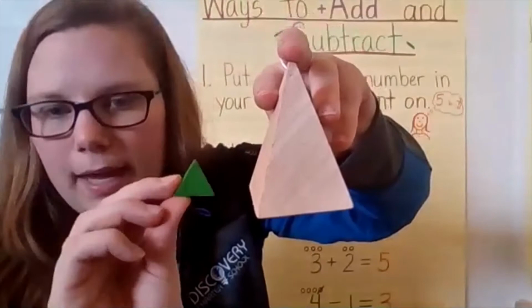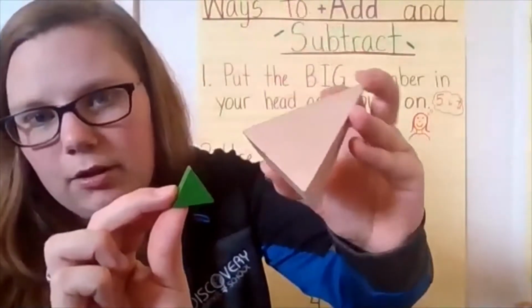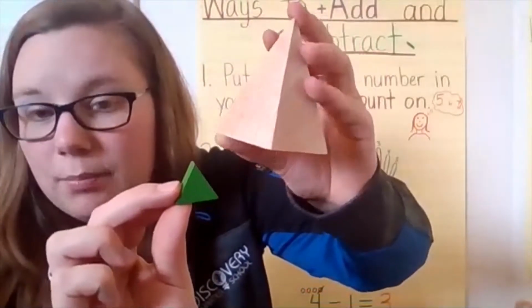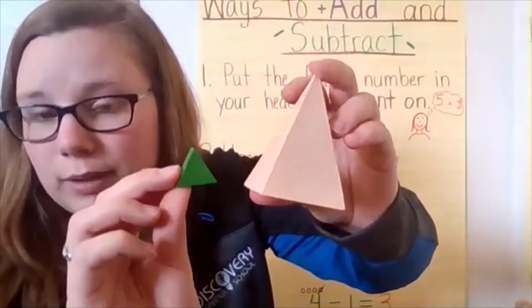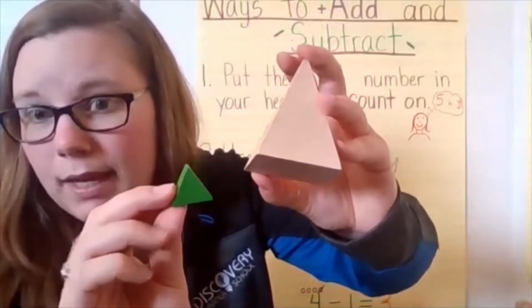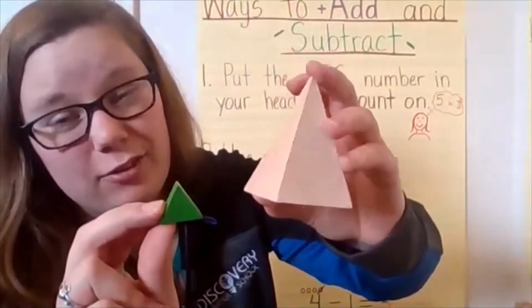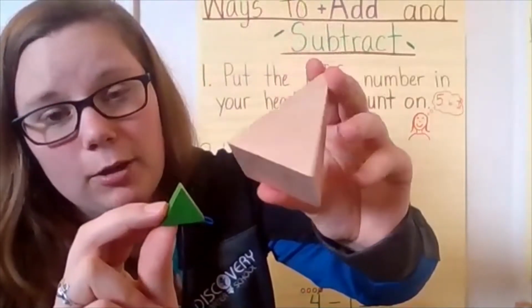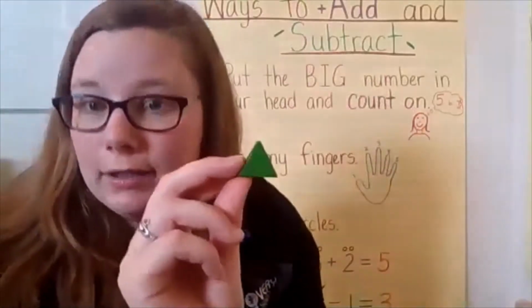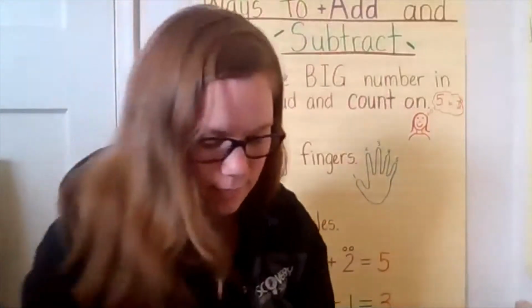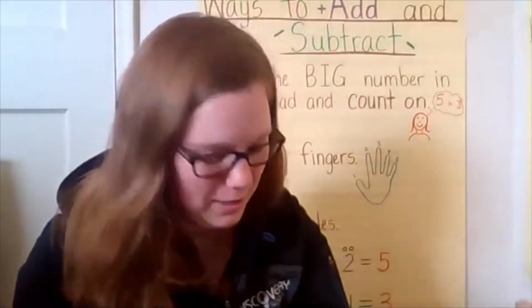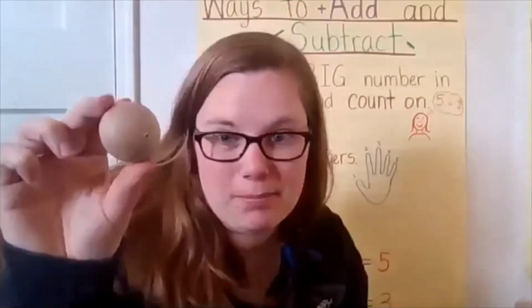So when we compare a triangle to a pyramid, we see that they both have a triangle shape in them. However, when we contrast or tell what's different, we know that a pyramid is 3D and a triangle is 2D. Great job. Let's keep going. What's this shape?